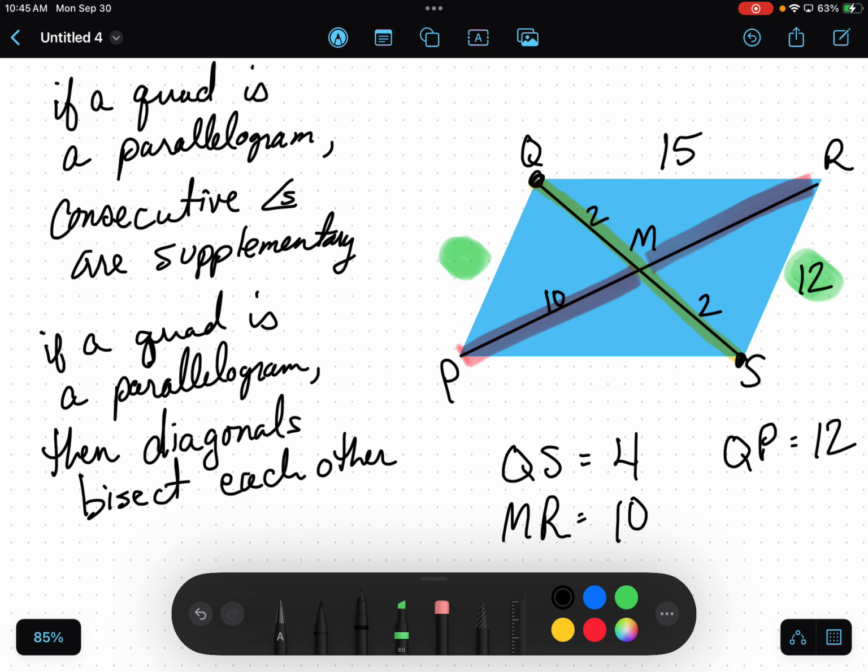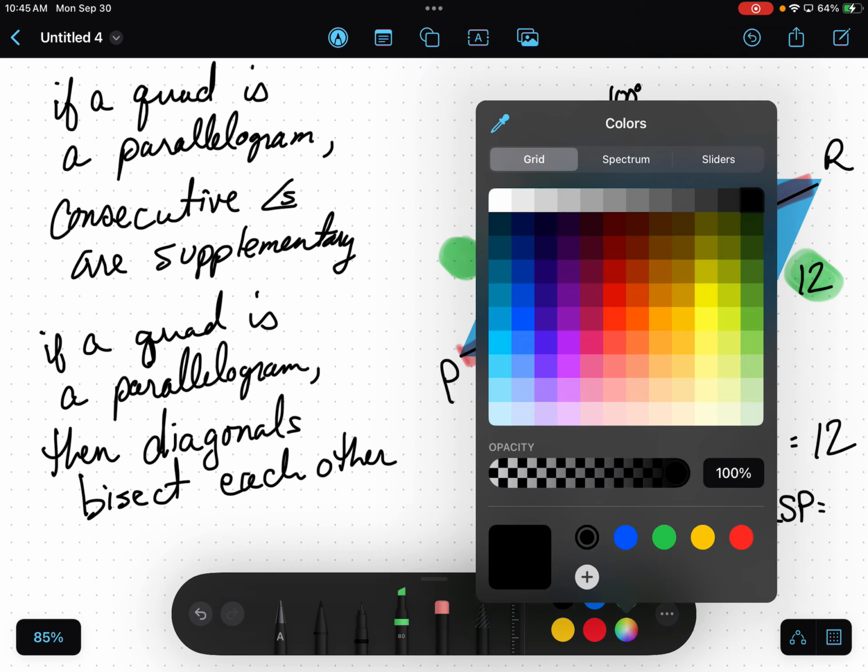If I give you a thing that goes like this, all the way across, and it says that this is 100 degrees, how big would the measure of angle RSP be? One thing that I do to help me out, so this might help you, you guys decide if this helps you or not.